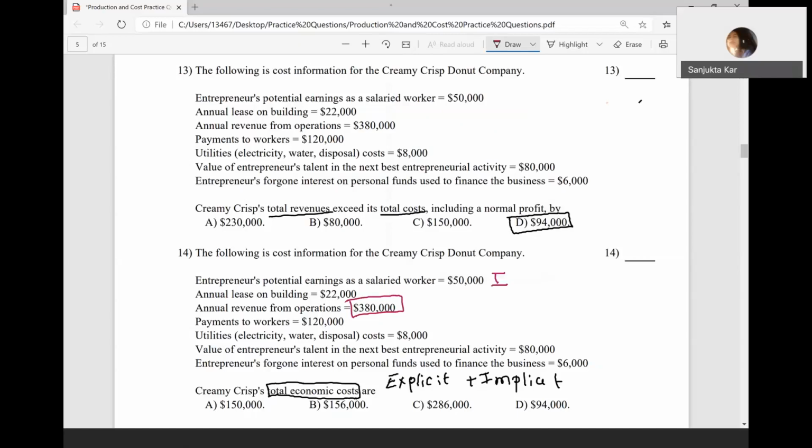This one is implicit, entrepreneur's potential earnings as a salaried worker. Implicit means what this person could have earned if that person was working somewhere else. Then this one is also part of implicit, value of entrepreneur's talent in the next best entrepreneurial activity. And then also foregone interest. This becomes part of implicit cost of production.